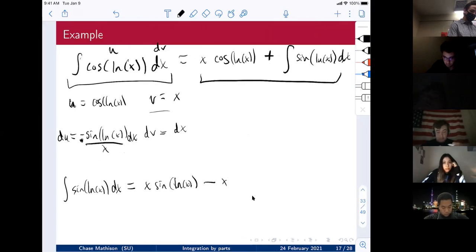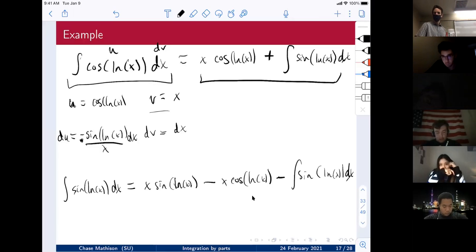Minus x cosine of the natural log of x. And when I distribute the negative, I'm going to get minus the integral of sine of natural log of x dx. Okay. But this is where we started, right? We started off with that integral.